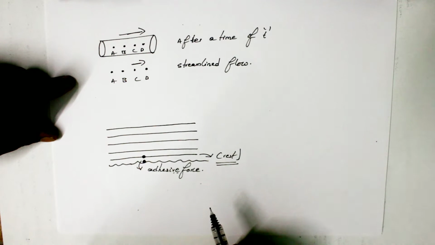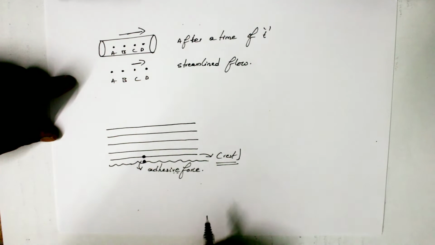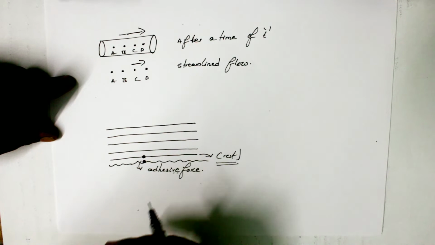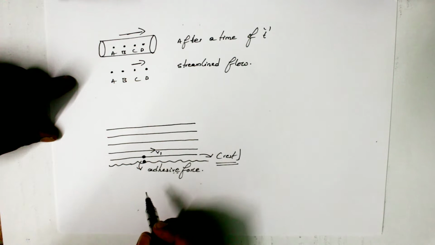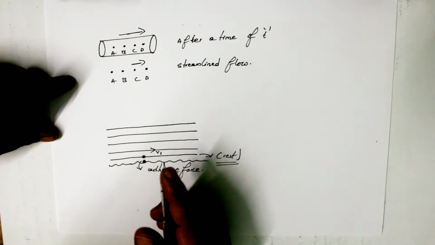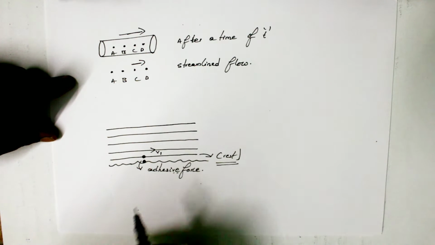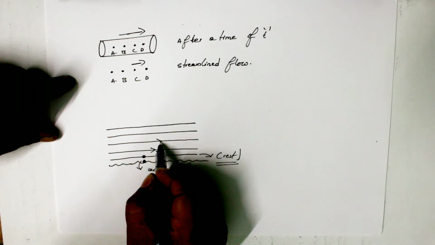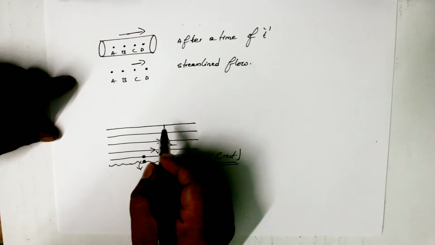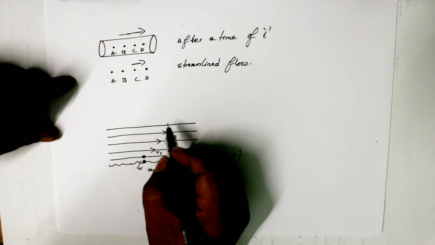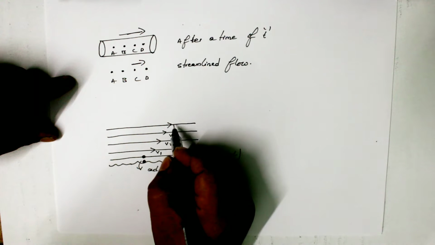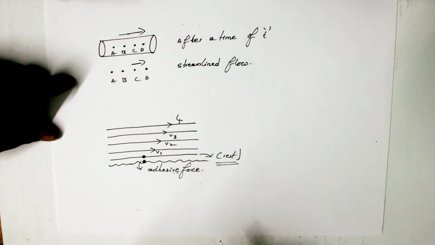Its velocity is 0. Now if I check the velocity of the layer which is just above this layer, then let us call its velocity v1. Similarly, if I check velocity of the water layer which is above this layer, then it will be having a velocity of v2. Similarly, if I check one more layer, it will be having velocity of v3. Similarly, if I check one more layer above this one, it is having a velocity of v4.